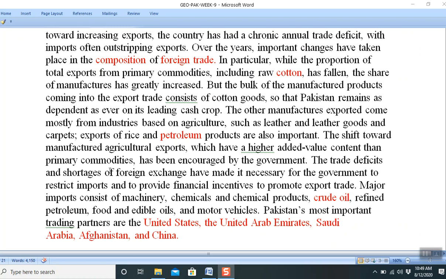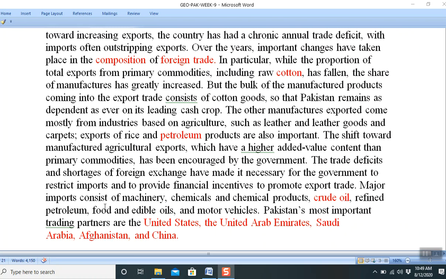The shift towards manufactured agricultural exports, which have a higher added value content than the primary commodities, has been encouraged by the government. The trade deficit and the shortage of foreign exchange have made it necessary for the government to restrict imports and to provide financial incentives to promote export trade.